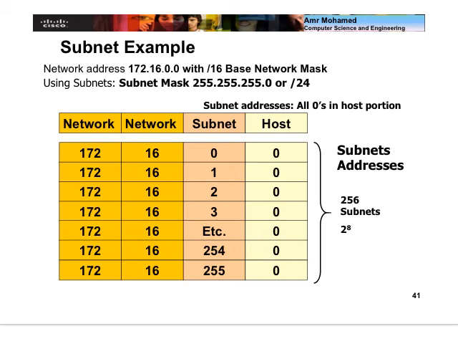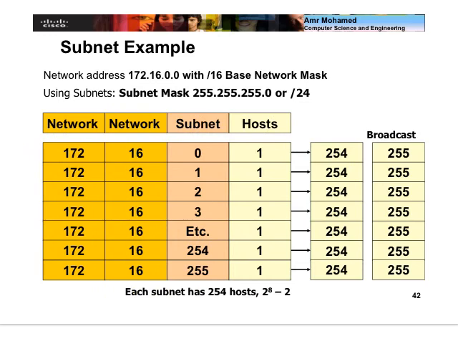This way, I can break down my network into smaller subnetworks with a reasonable number of hosts, and I can manage these subnetworks with a good level of control. So one subnetwork is 172.16.0. And what is the subnet mask for this subnetwork?